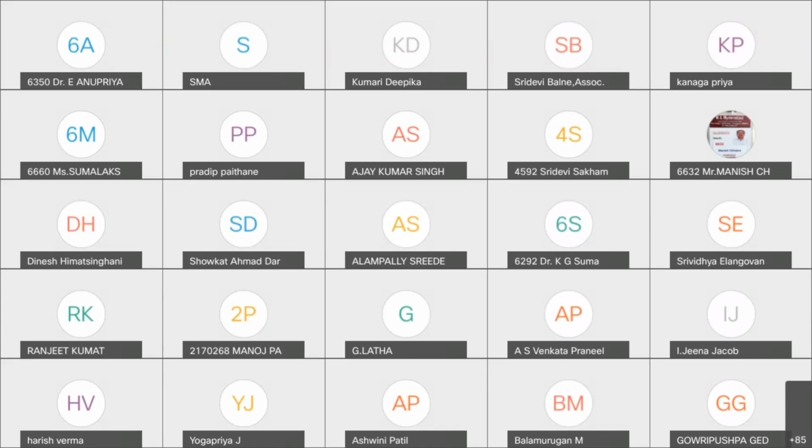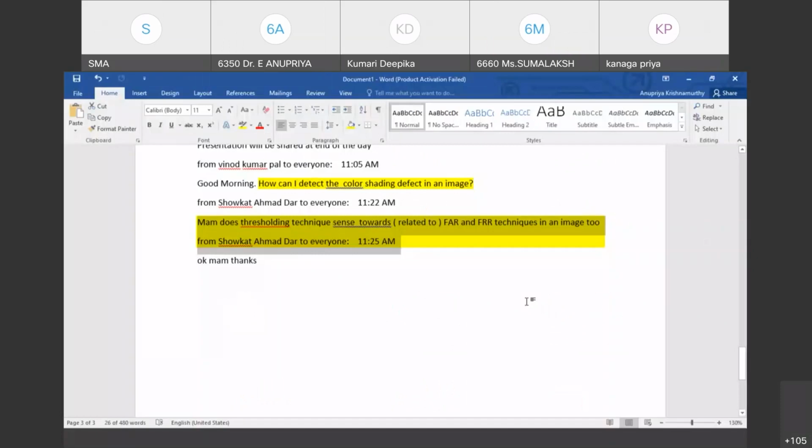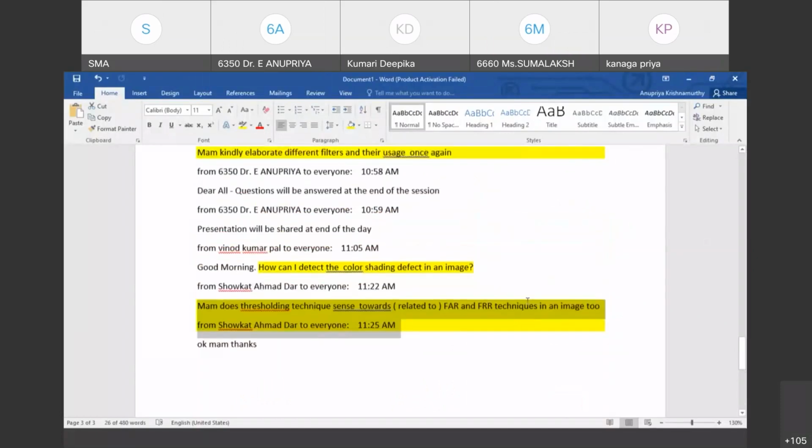Can you see my screen, ma'am? Ma'am, the first question is: kindly elaborate different filters and their usage once again. One second. Otherwise, you can answer the others and we can go back to that, ma'am. Whichever is okay for you.